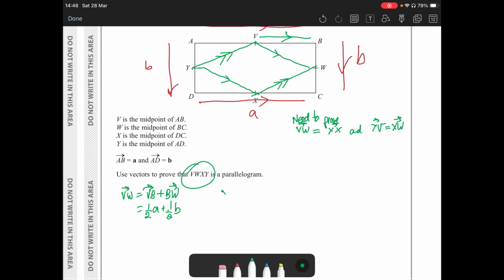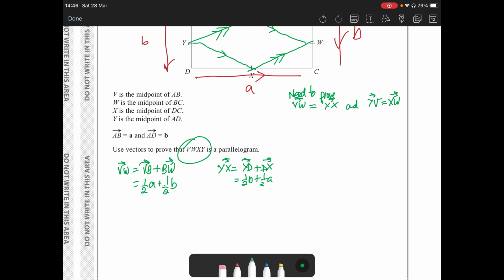And YX is YD plus DX, which is half b plus half a. And obviously, they are the same thing, right? You can switch around the a's and b's. So we have shown VW equals YX. We've met the first objective.